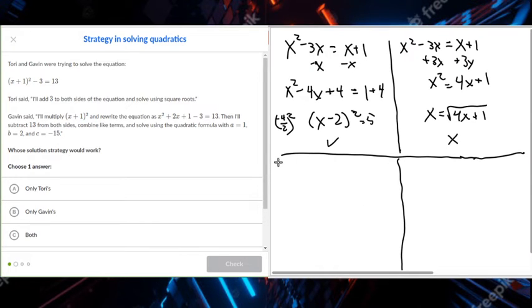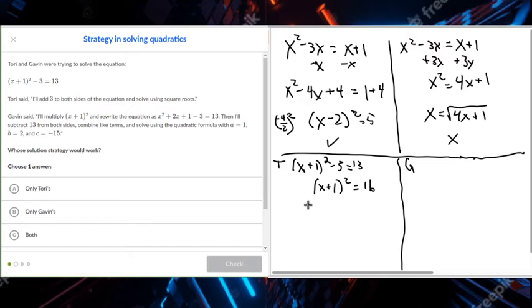So this time I'm gonna write a t over here and a g over here, so we know who is who. So Tori says she's going to start with x plus 1 squared minus 3 is equal to 13. She's going to add 3 to both sides, so she'll get x plus 1 quantity squared is equal to 16, and then solve using square roots.